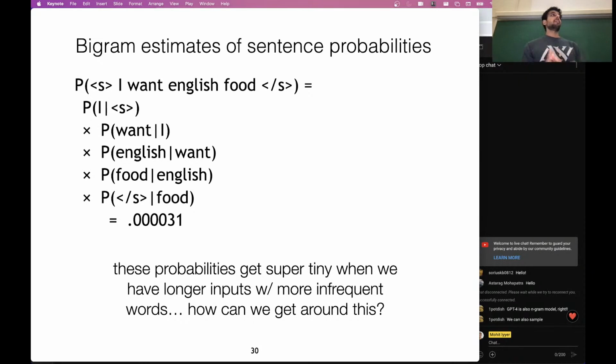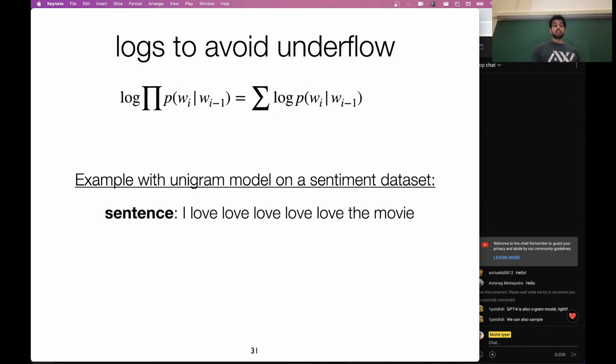So what happens if I have a 500-word piece of text that I want to estimate this probability for? The probabilities will get very, very low, and we might eventually experience some underflow type errors. So one way that we can get around this, which is very common in all types of language models, is to instead deal with the log probabilities instead of the raw probabilities.